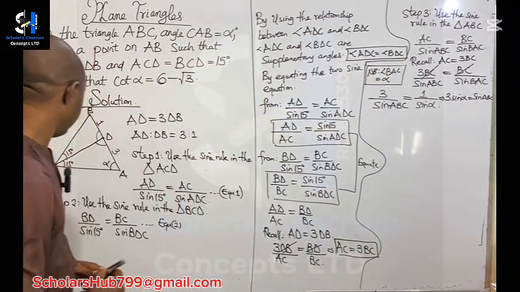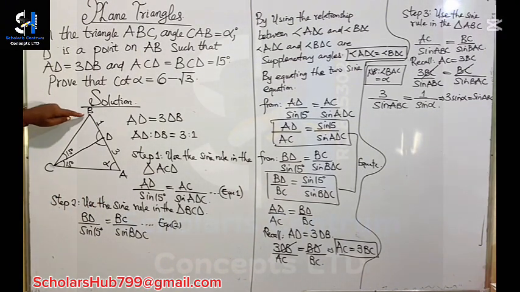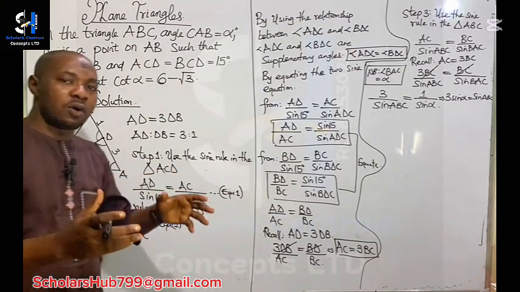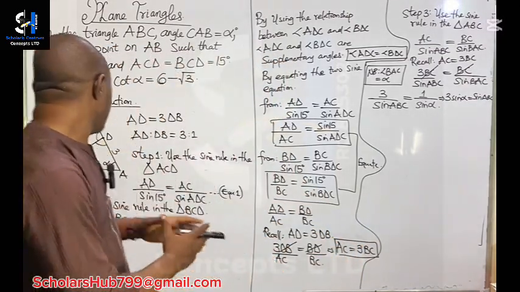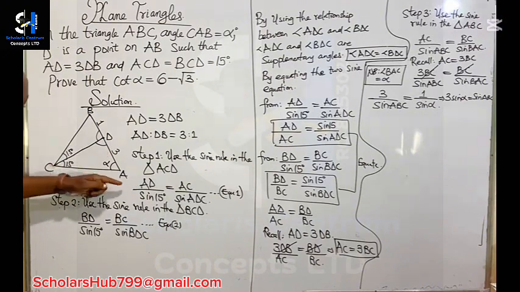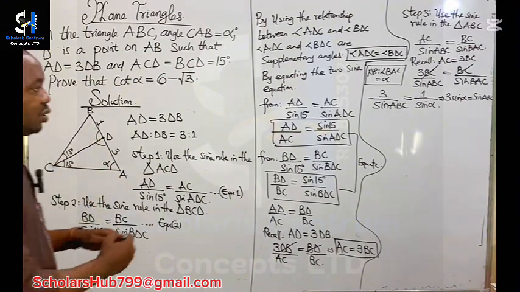Now to get angle ABC, if we use what we call the angle sum property of a triangle, we are going to add BAC, BCA, and ABC.